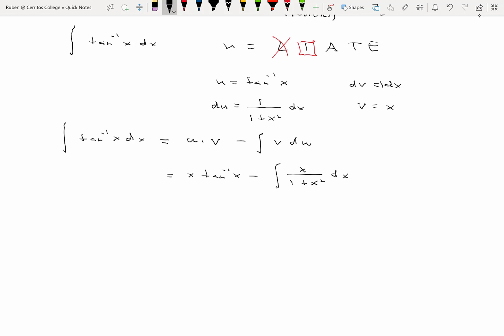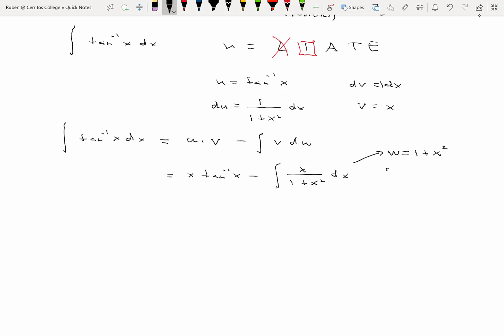So we replaced our integral of inverse tangent of x with another integral on the right, x over 1 plus x squared, which is hopefully easier than the one we started out with. And it is. It's a super easy integral to evaluate. Let's use a substitution. I wouldn't use u or v for the substitution since our integration by parts involves those formulas.